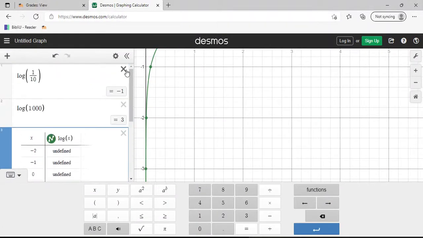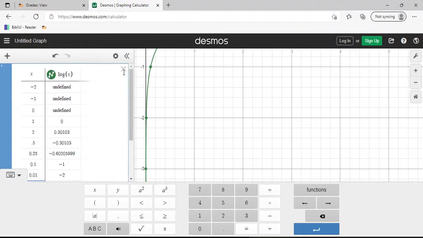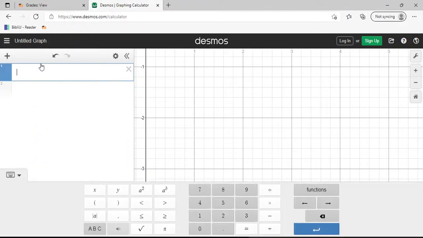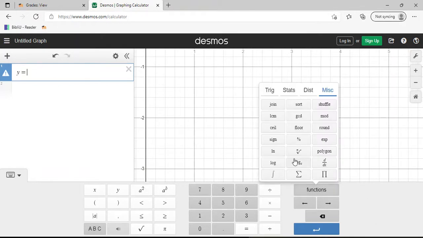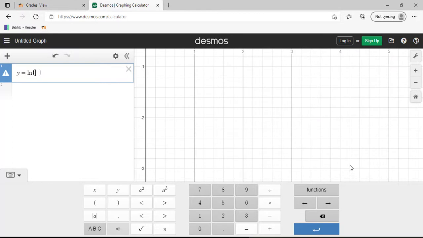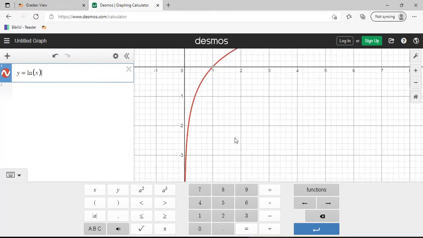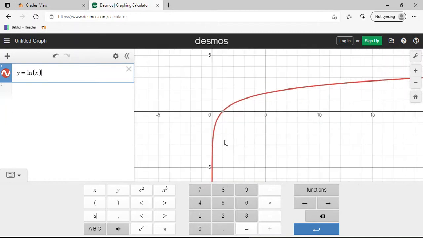Let me just take all of this off. We're going to do y equals natural log of x. Now, if we look here, this is the graph of y equals the natural log of x.